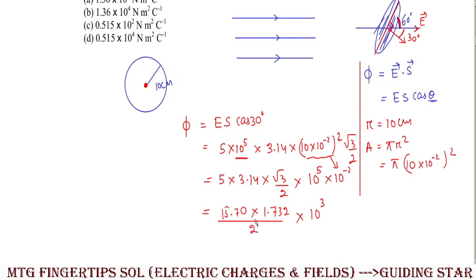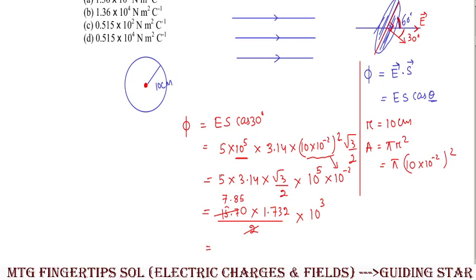If we cancel this, this particular value will be 7.85, so 7.85 into 1.732. How much will we get?